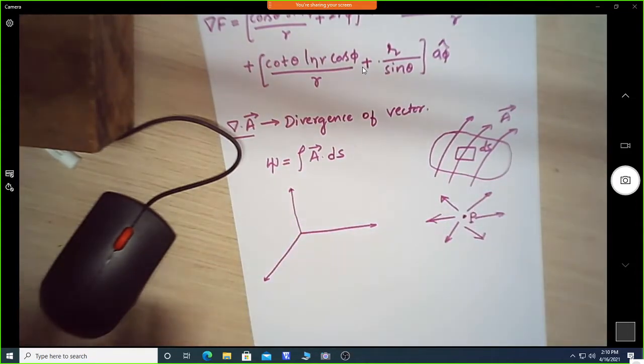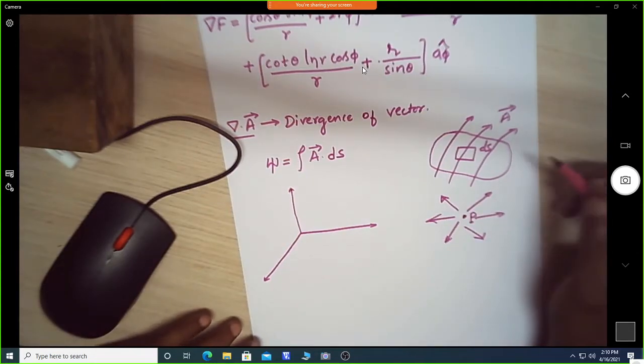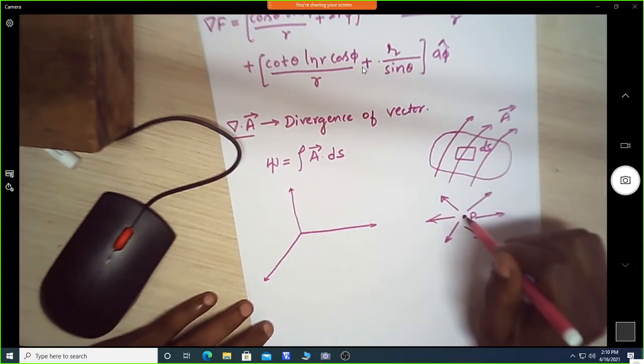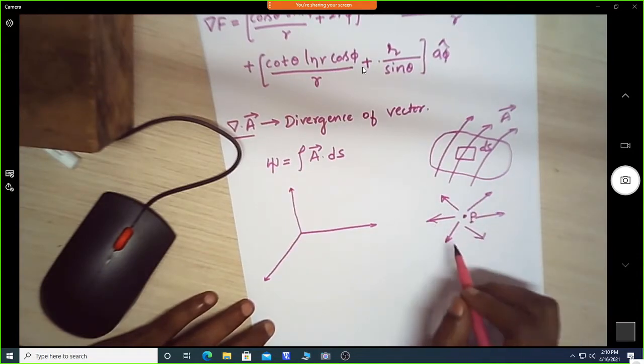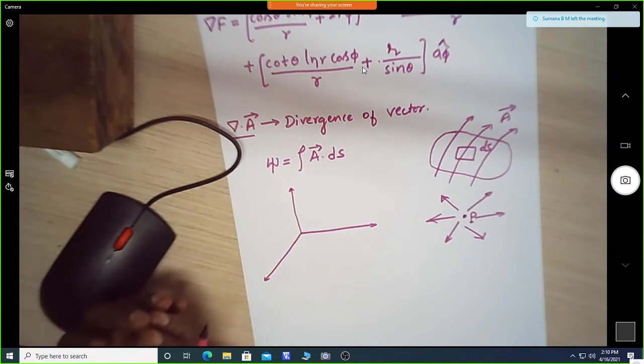Now if I take the closed surface, it will become an open volume. Okay. So now we can define the divergence of vector A at a given point P as the outward flux per unit volume, because if I take the closed surface, it will become a volume.